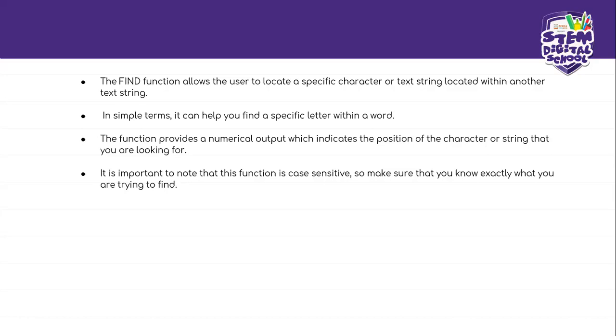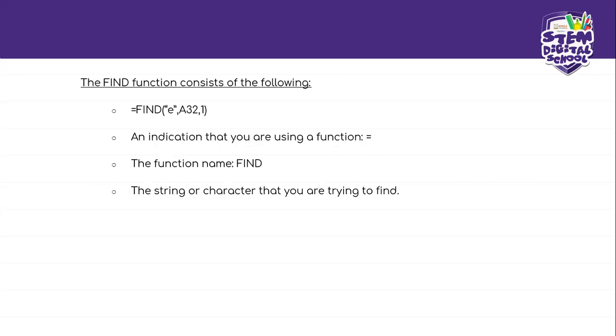If the letter is capital, make sure that you insert a capital letter. I'll show you how the function looks. I hope you know what case sensitive is. As you can see, this letter E is a small letter.